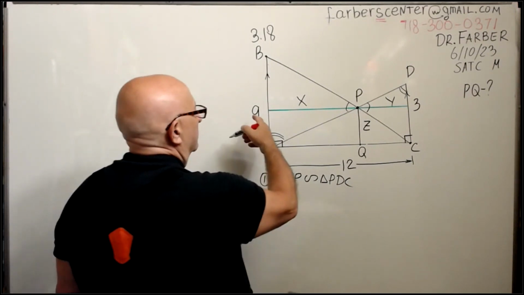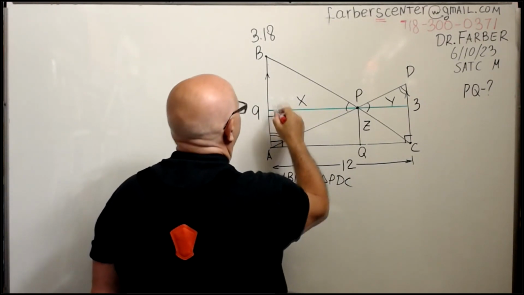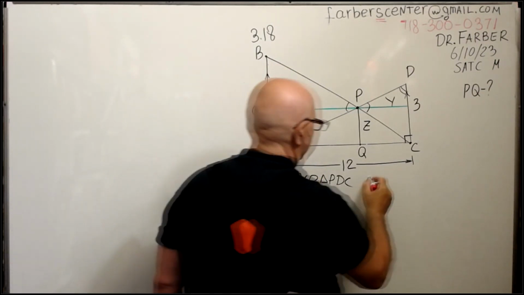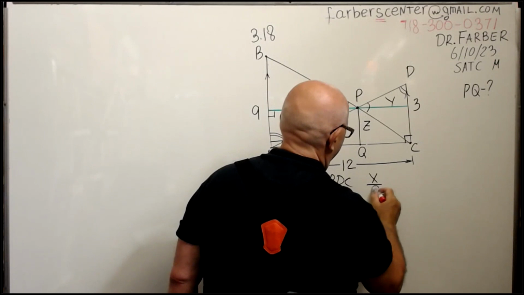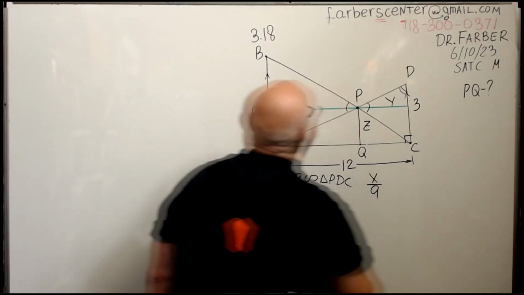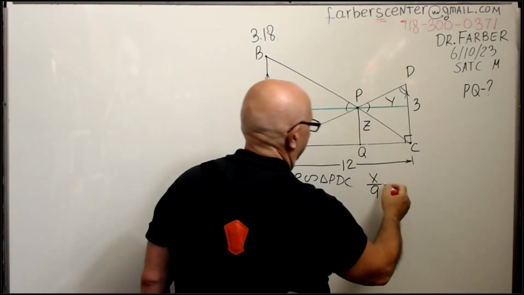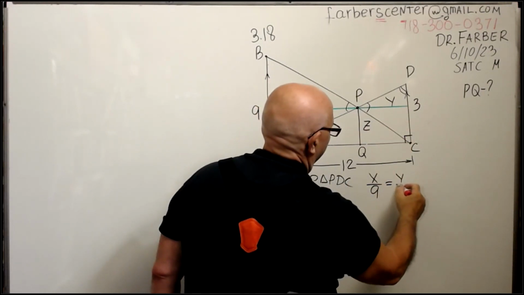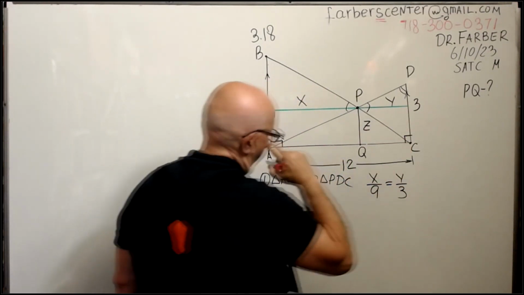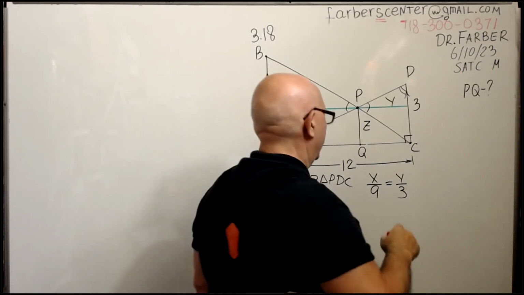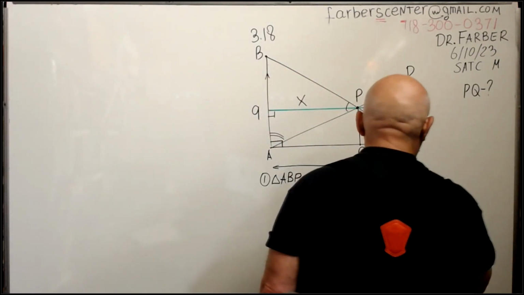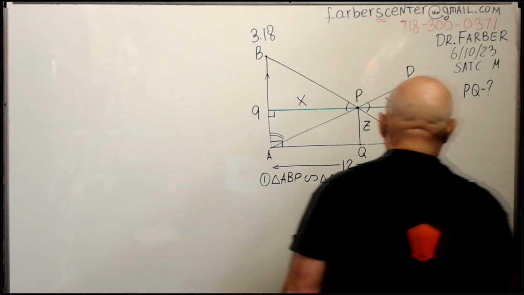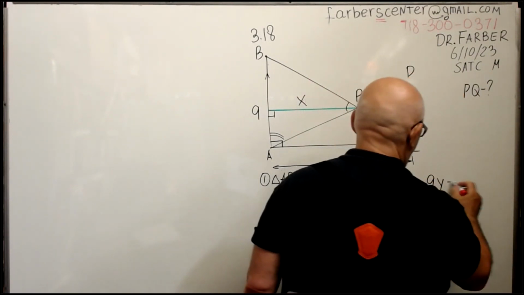If they're similar, their sides are in proportion. This x is the altitude of this triangle to this base. x over 9, like this altitude of the small triangle over 3, or 9y, cross multiplication, equals 3x.